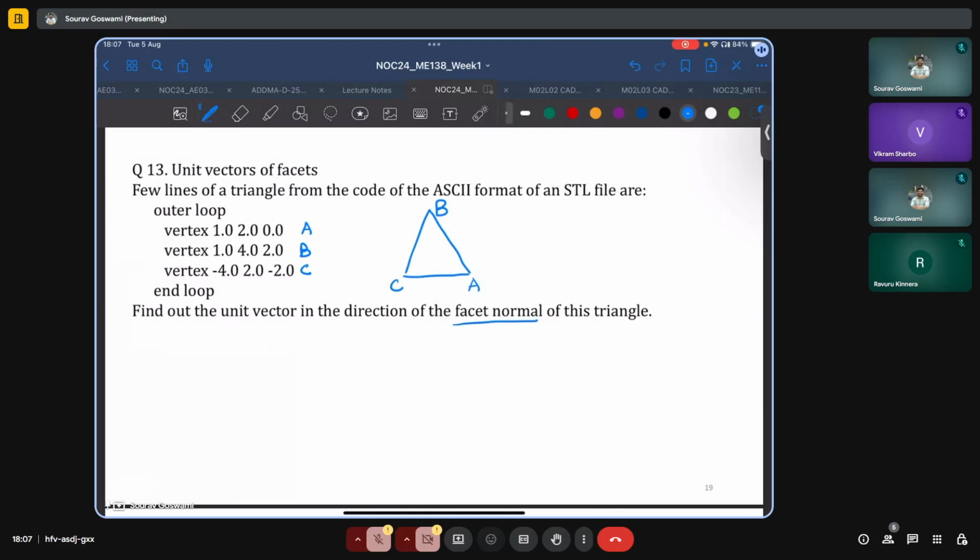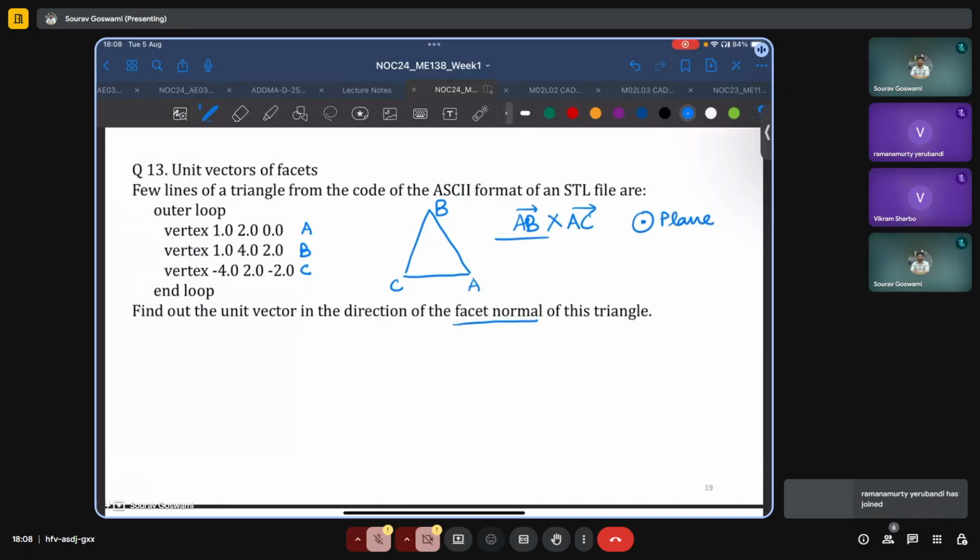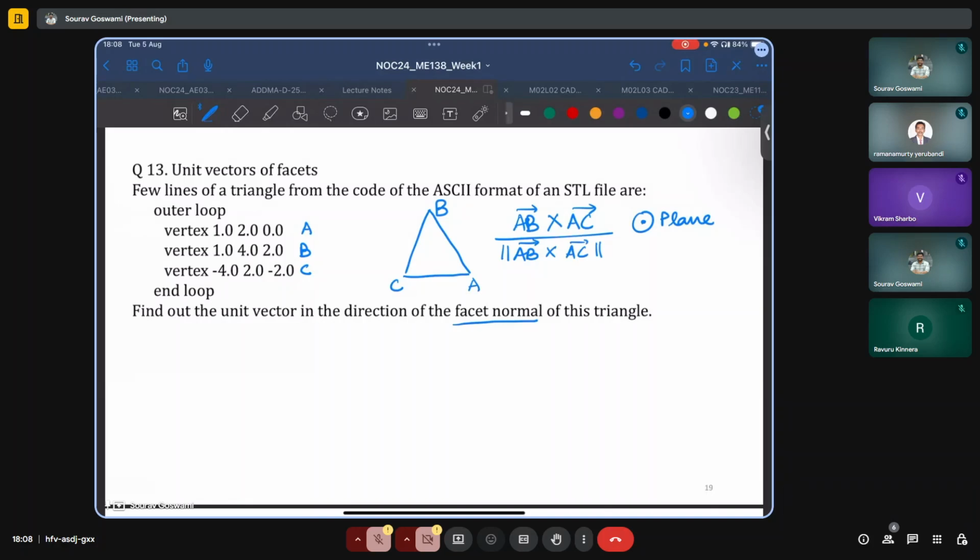And we know that if we have vectors AB and AC, then we can take out their cross product. The cross product will be normal to this plane. And if we divide it by the magnitude or the norm of AB cross AC, what we'll end up with is a unit vector. So let us do just that.